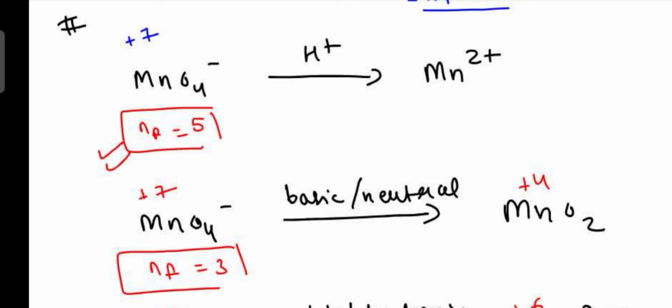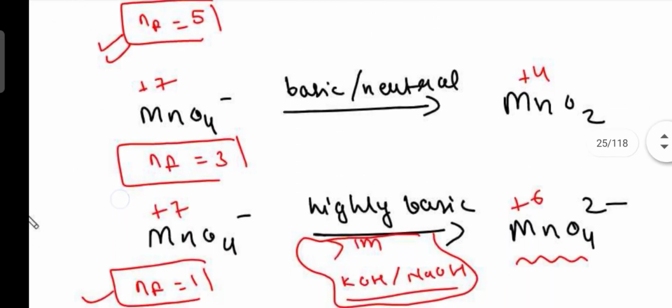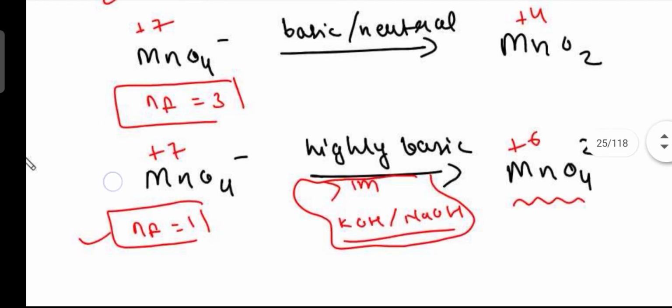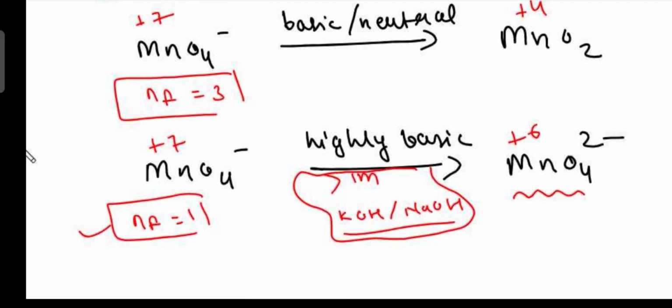In acidic medium, MnO4 minus will give Mn2+. In basic or neutral medium, we will get MnO2. In highly basic medium, we will get manganate.